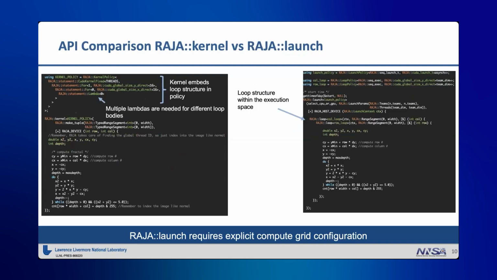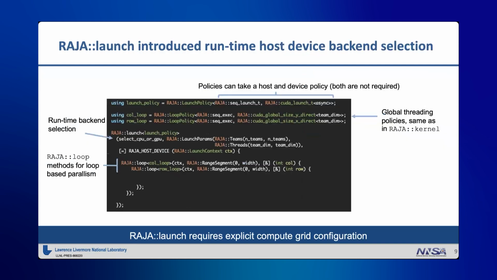So, Arturo, we do have a question. If you want runtime selection, but you don't have nested loops, is the launch API still a good path? Would you give it one team and many threads? You could do that. Yes, that's an option.